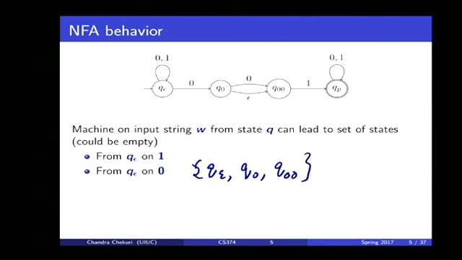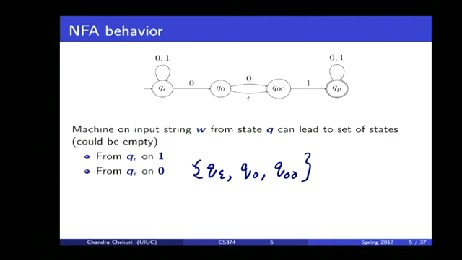There's an epsilon transition. From Q0, I can just walk over to Q00 because it's either or. I can either stay on the 0 at Q epsilon, or I can move to Q0 and then walk around and go to Q00, because it's epsilon.